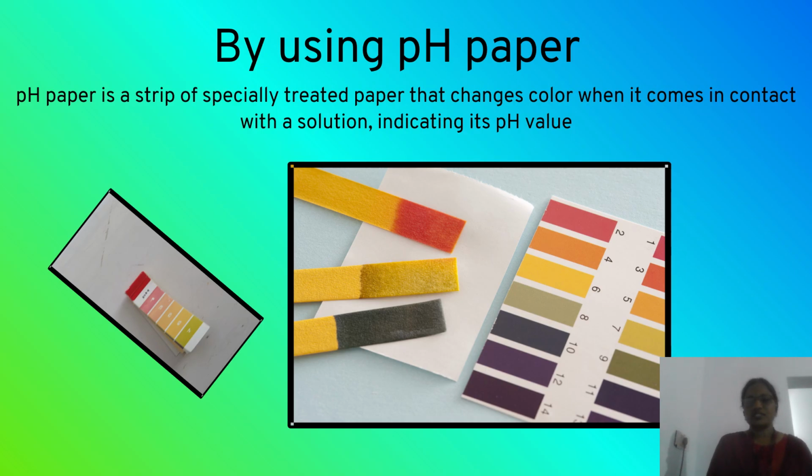Along with the paper, they give color shades, which represent the pH of the solution. If the color is red, it is acidic; slightly yellow means weakly acidic; and dark blue means an alkaline solution. This comes under the manual method.